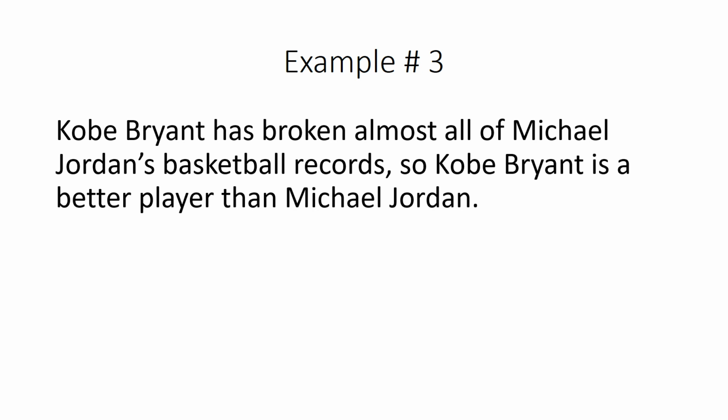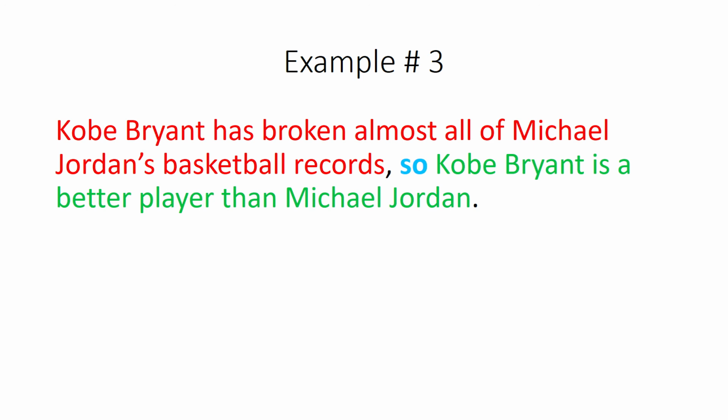So we look, number 1, for the inference indicator. And in this sentence, it's the word so. So is a conclusion indicator, meaning what follows it is the conclusion. It's the main claim. So Kobe Bryant is a better player than Michael Jordan. What comes before it is the premise, which is the supporting claim. Kobe Bryant has broken almost all of Michael Jordan's basketball records.